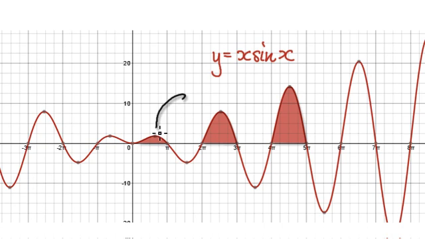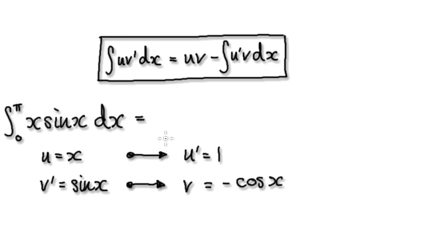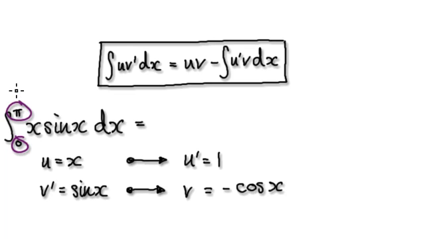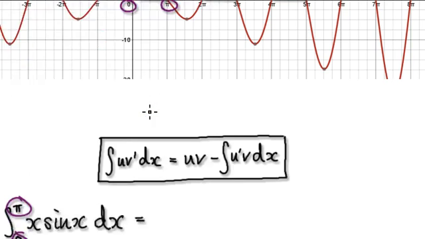Okay, so working out the area of the first hump from 0 to pi really boils down to integrating this from 0 to pi. So we are now working out the area of the first hump.